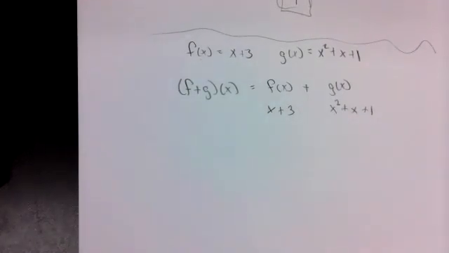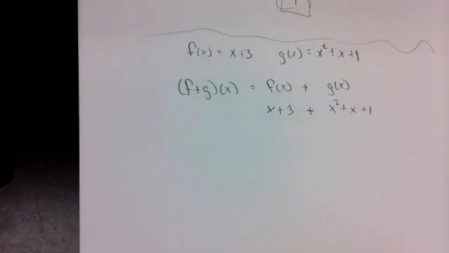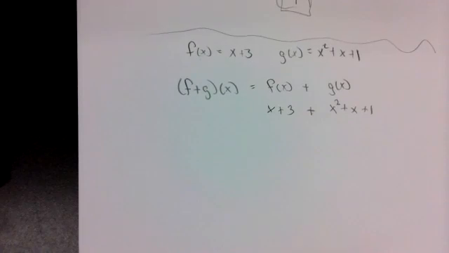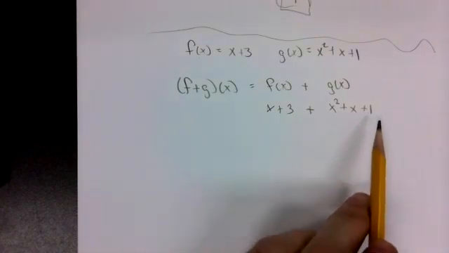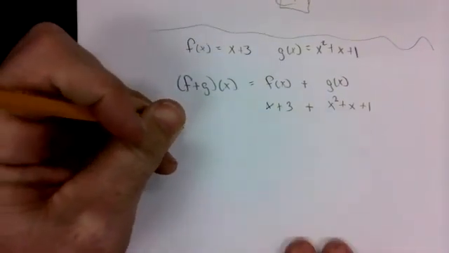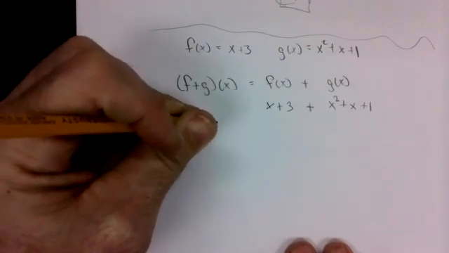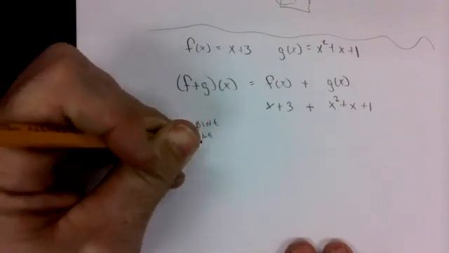And then I have to add those two things together. And this is where algebra comes into play. So when it comes to algebra, really math in general, if you are adding, you can only combine like terms.